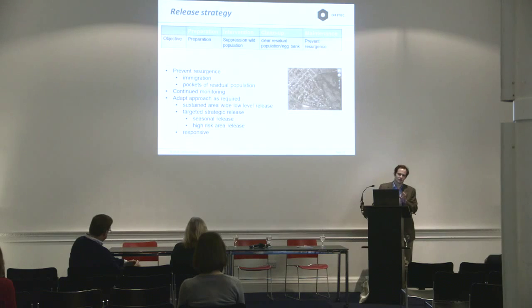For example, temporally, if you have a lot of seasonality, you may pick a certain time of year where you'd want to target releases. Or spatially, if there are areas of reinfestation, for example a port or a boundary with an untreated area, you may target releases there. And then there's also the responsive approach. So you stop releasing, but have a good level of monitoring so that if you spot resurgence, you can respond.